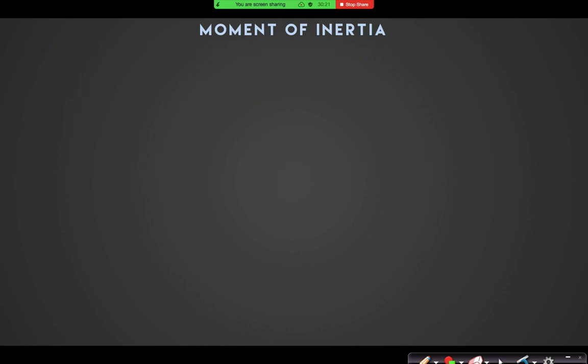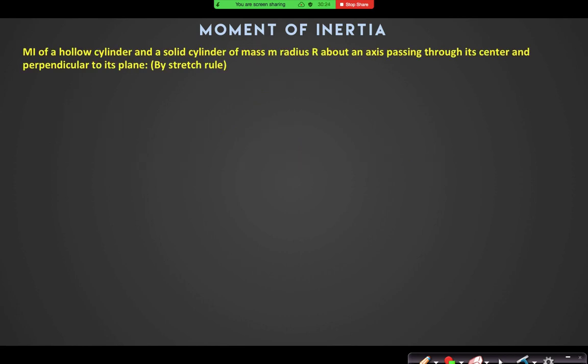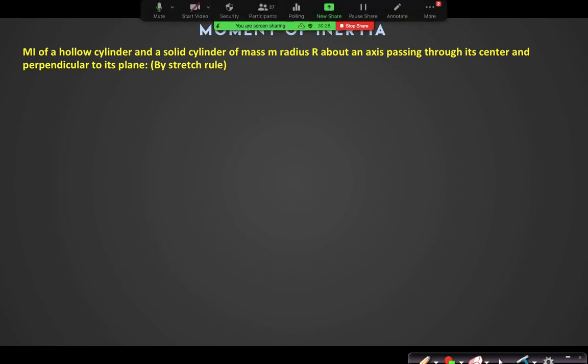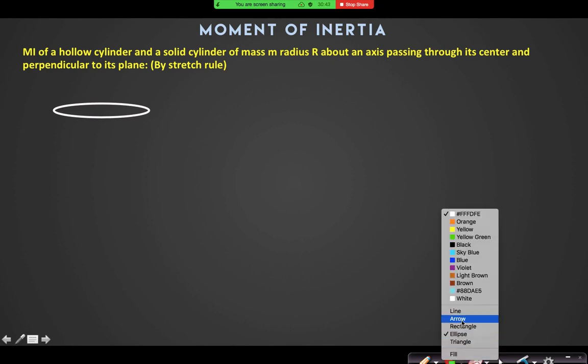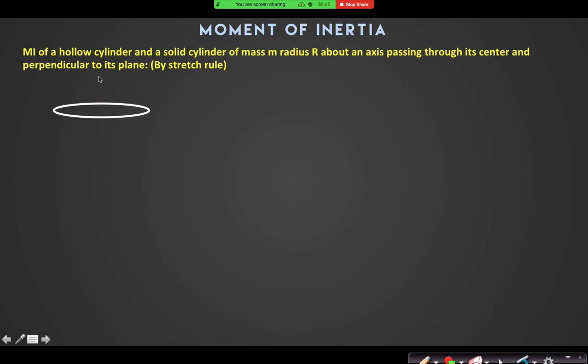All right. Now we want to find the moment of inertia of a hollow cylinder and a solid cylinder. But we will not integrate; rather we will use a concept called the stretch rule. Suppose there is a ring and I am rotating that ring about this axis of rotation.